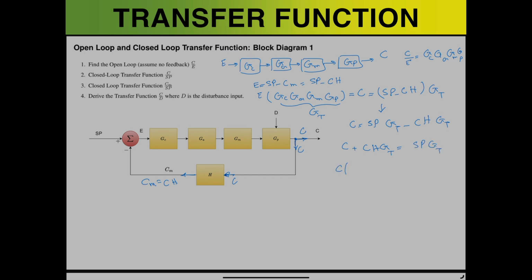Now, if you factor out C, we would have 1 plus HGT, which becomes SP times GT. And now the question is asking, try to find C divided by SP. So if I try to calculate C divided by SP, I see that C is going to be multiplied by 1 plus HGT. So I'm essentially going to copy that and bring it down there.